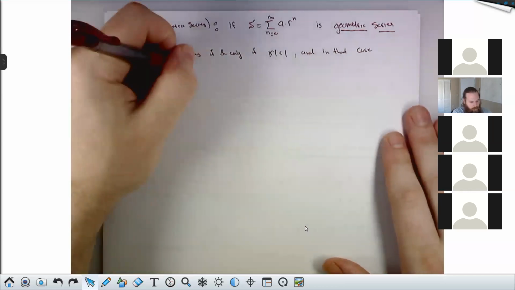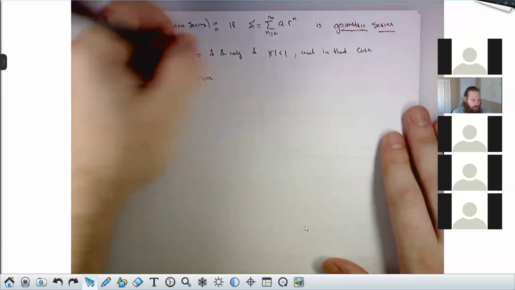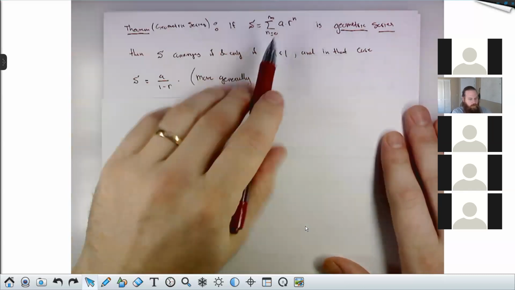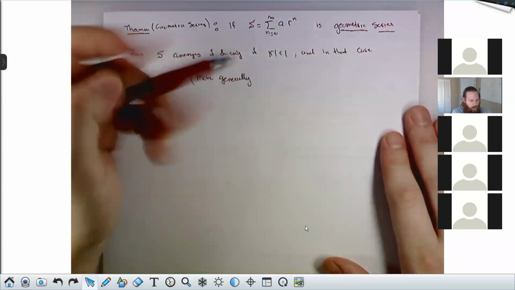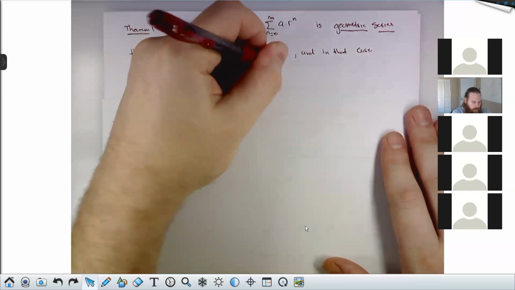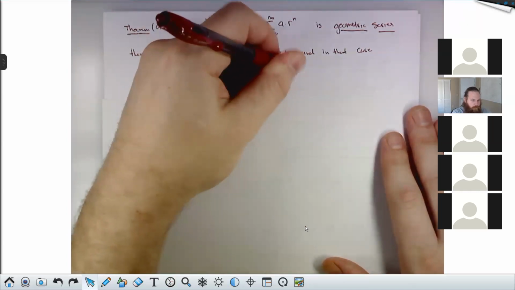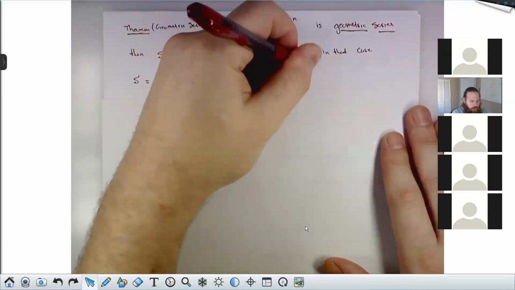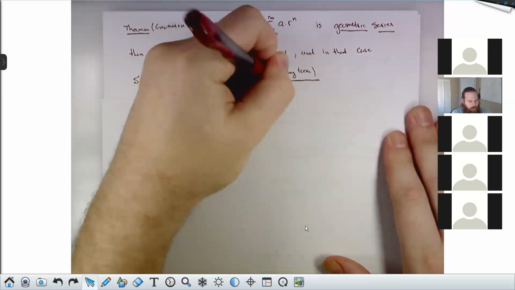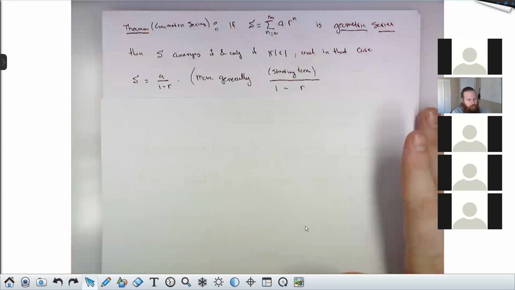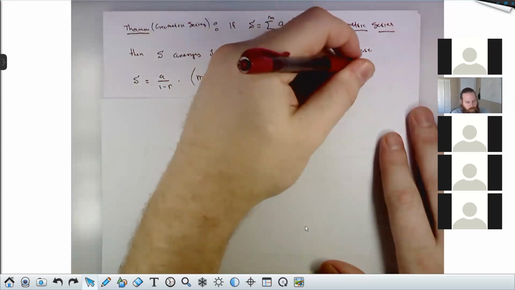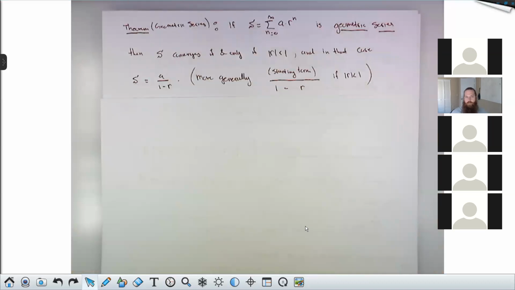The more general formula, because these series don't always start at 0, more generally, you'll converge to the starting term, like the first term in the series, whatever that is, over 1 minus the common ratio. And that's if the absolute value of r is less than 1. Otherwise, these series diverge.